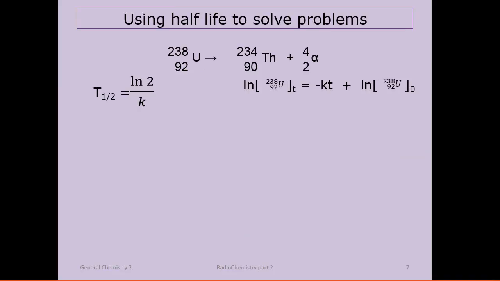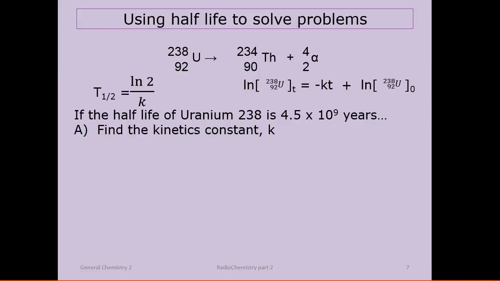So let's work on how you can use this half-life to solve some problems. I've got this original situation where uranium-238 is undergoing alpha decay. Again, I remind you that your half-life equation and your standard integrated rate law for the first order are what's going to come into play.